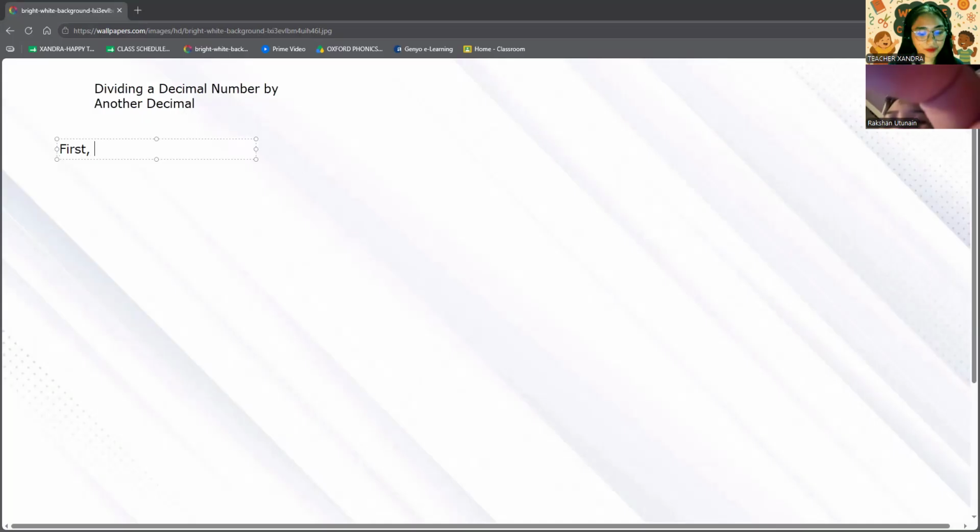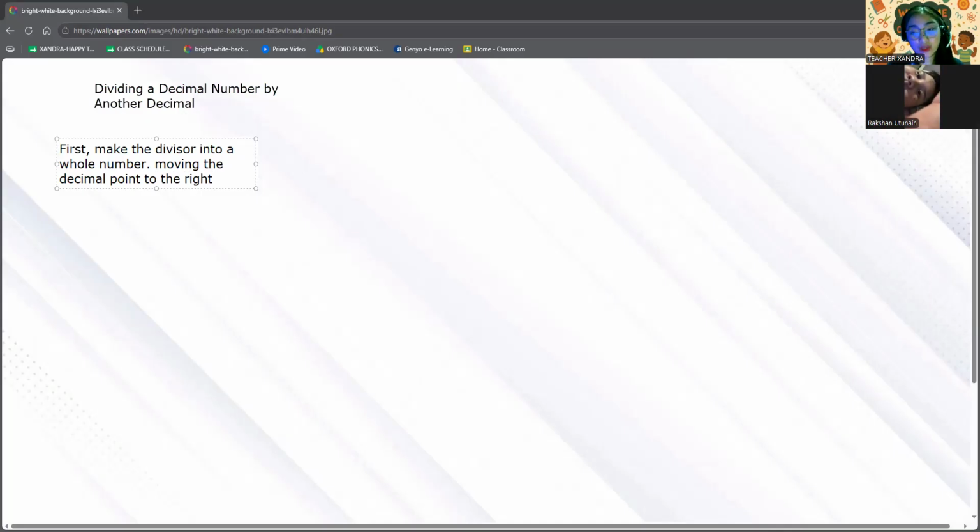First, make the divisor, the number you are dividing by, into a whole number. Listen carefully. You do this by moving the decimal point to the right. So that's the first thing that you need to do.